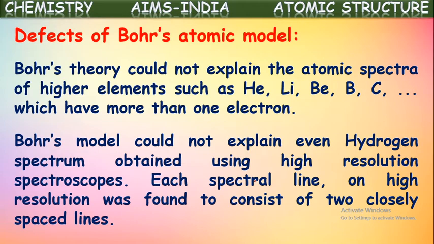But later, the same was observed through some high resolution spectroscopes. There scientists observed that the lines in the hydrogen spectrum still consist of two or more closely spaced lines. Why are these lines there in the hydrogen spectrum? For this, Niels Bohr could not give any answer. So, Bohr's theory was left with this limitation.